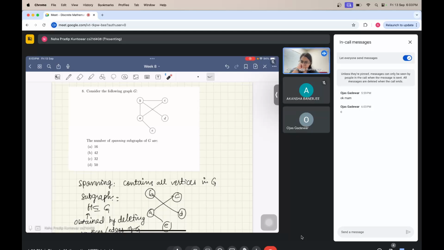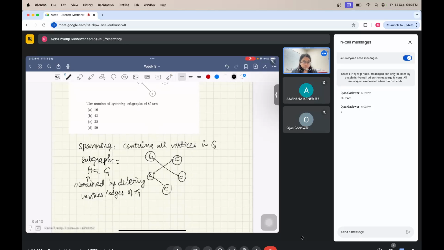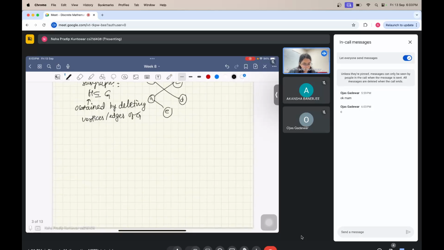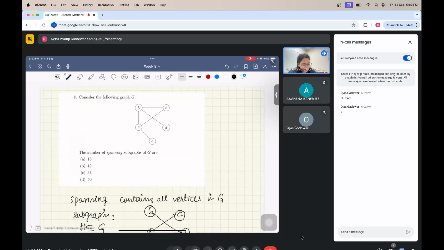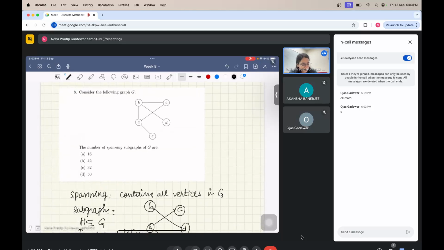Okay, so let's understand. The answer is correct, but I think it is a coincidence that you have 5 vertices and 5 edges here.